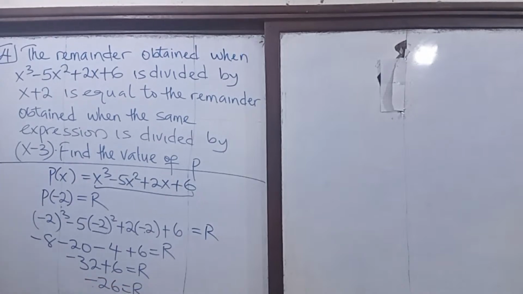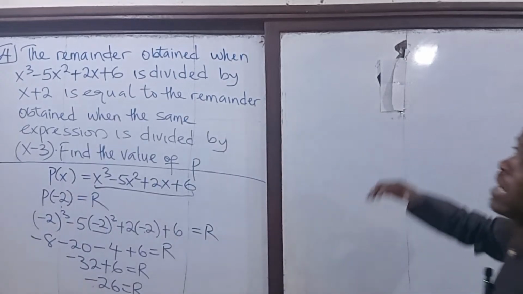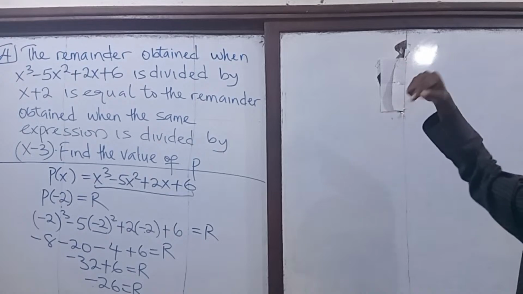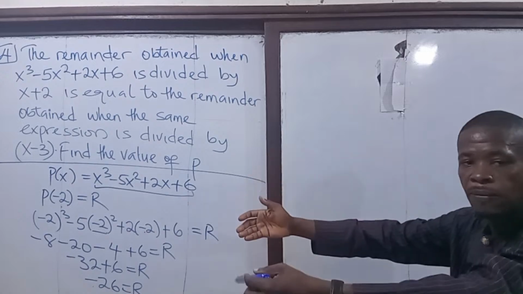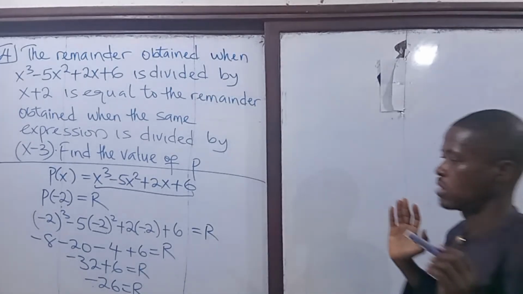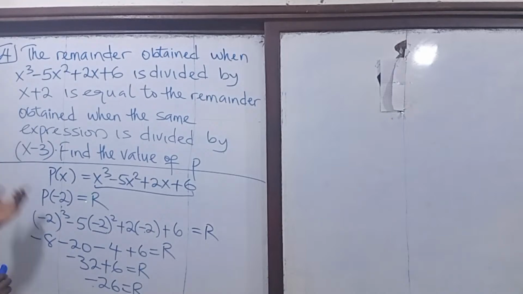Let's repeat that again for those that are just coming in. We have the polynomial, when it's divided by x plus 2, it's equal to the remainder. Let's solve that one first. And that x plus 2, according to the remainder theorem, we solve this linear equation, the root of this expression being minus 2.